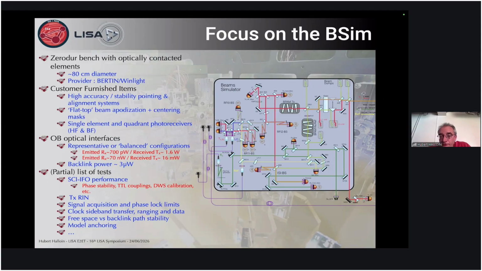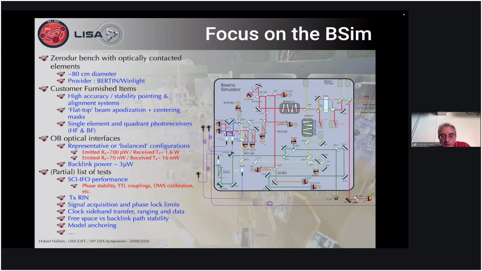We also want to verify the residual intensity noise of the TX beam. We also have to quantify the signal acquisition and the limits of the phase locking system. We also want to check functionally and in performance the clock sideband transfer, the ranging and the data transfer.